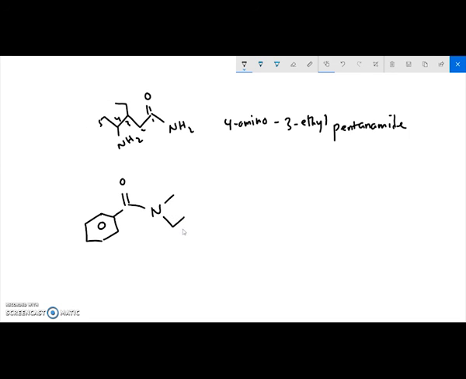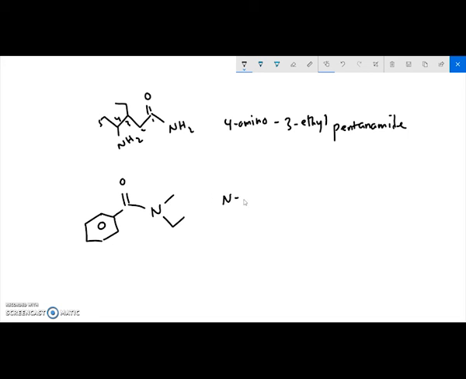So in this case, to differentiate the substituent attached to the parent chain from the substituent attached to the nitrogen, all of the substituents attached to the nitrogen will have a prefix of N in front of the name. For instance, since we have N-ethyl and also N-methyl, we're going to write it just like when we write numbers for the substituent.